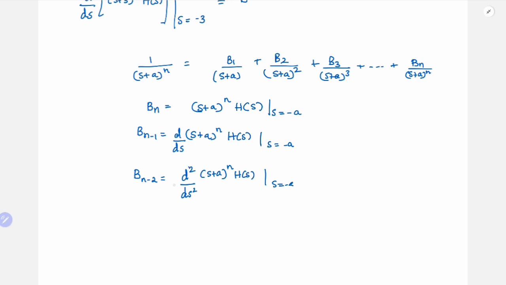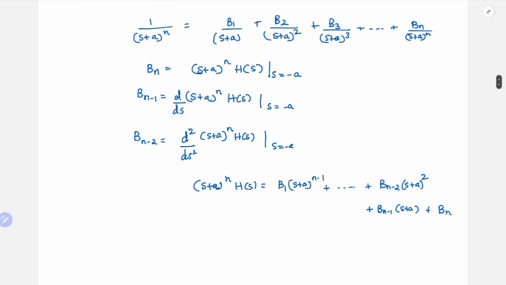So for b(n minus 2), when you multiply with (s plus a) power n h of s, you will have b1 (s plus a) power n minus 1 and so on, plus b(n minus 2) into (s plus a) square, plus b(n minus 1) into (s plus a), plus bn, right? For the first derivative, this will go away and this will be a constant term, and this will have a term of 2 and this will have a term of 1, right?